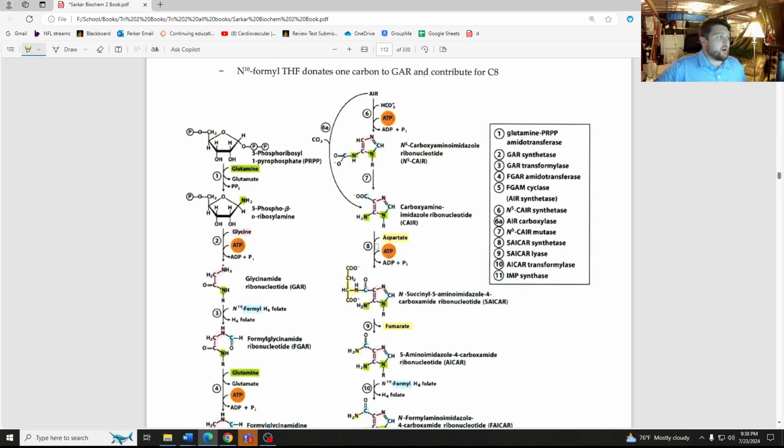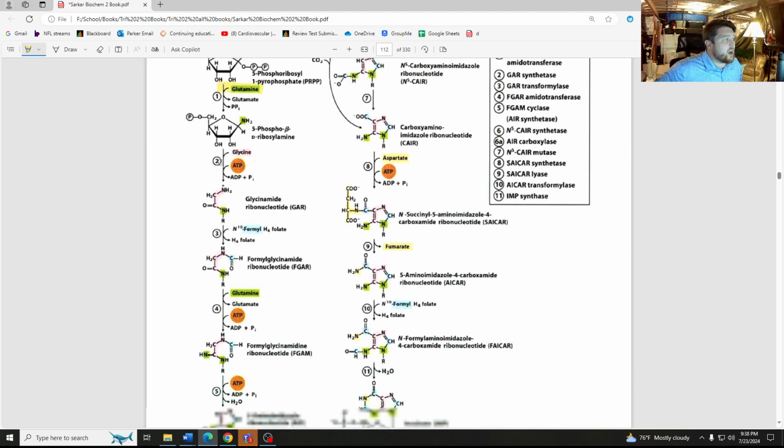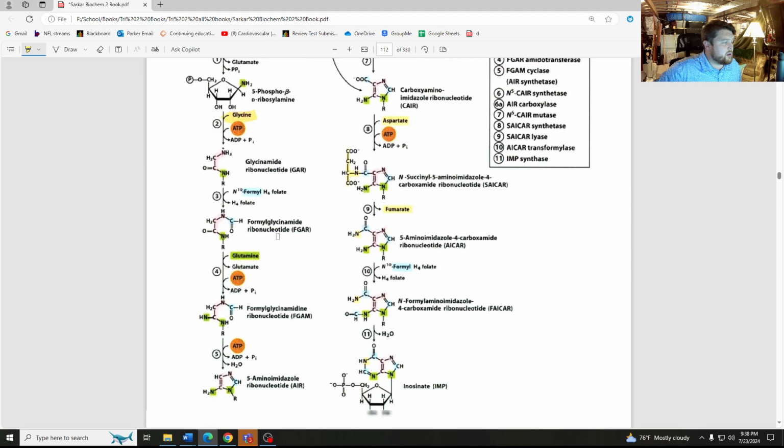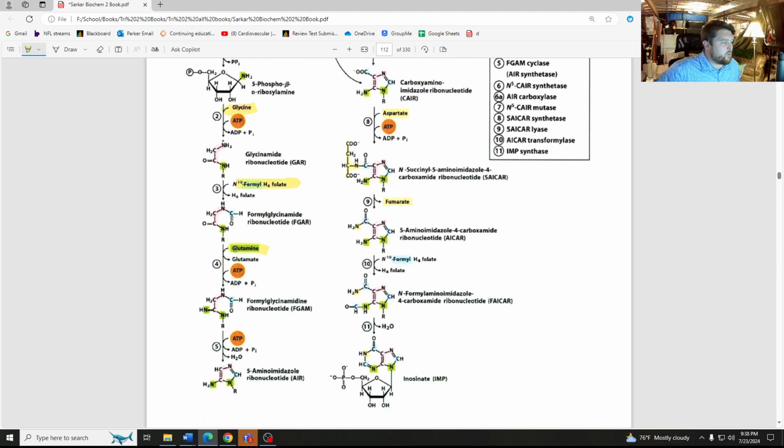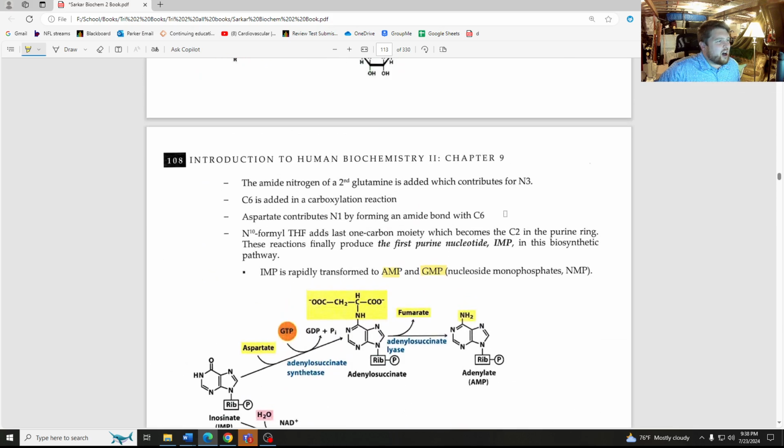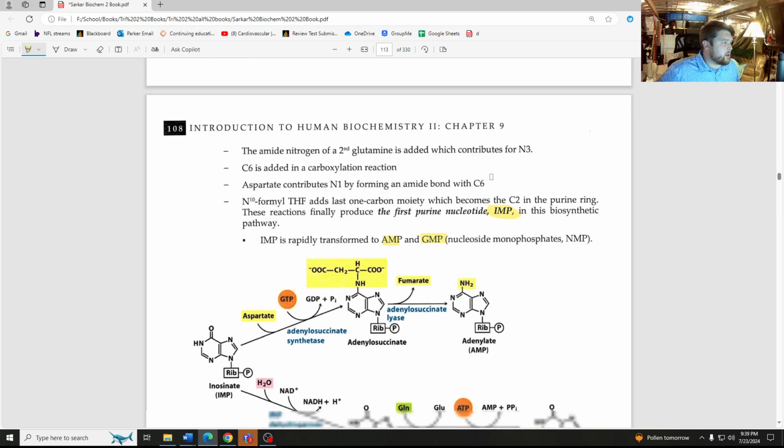What I would focus on is knowing what's going in where and the rough order of things. You don't necessarily need to remember each of these individual steps, like the N3, the C6, the N1, it's pretty overkill to remember all of that. Remember the enzymes, remember the rough order that things go in, and what you get out of it, okay?